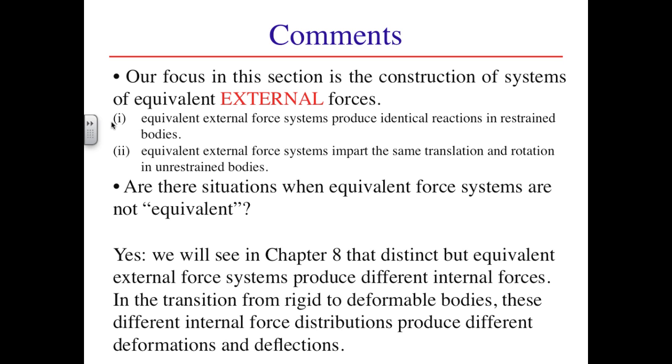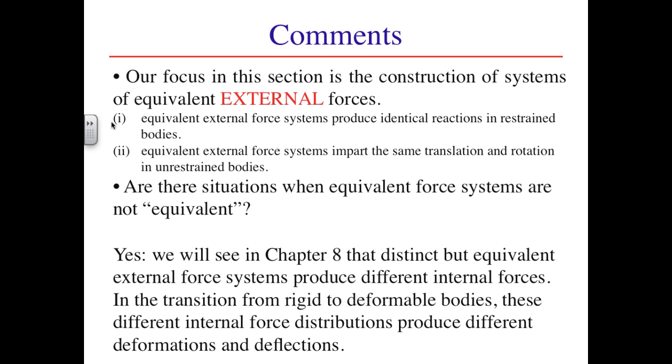Then, reducing this resultant pair to its simplest possible form. In many cases, this will involve eliminating the moment altogether by shifting the resultant force to a new location. In the most general three-dimensional case, it involves replacing the resultant force and moment pair with a special force system called a wrench.